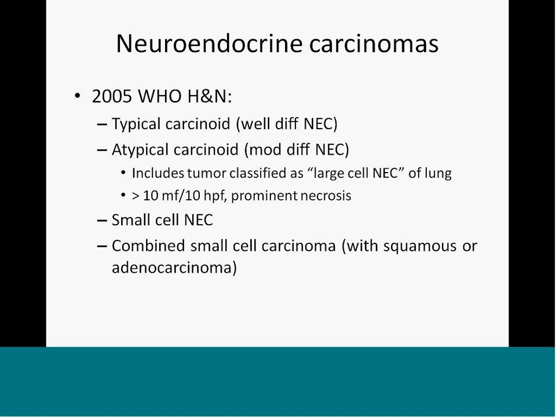And also, uncommonly, we see large cell type neuroendocrine carcinomas that really don't fit for an atypical carcinoid. They have prominent necrosis. They don't have any of the organoid pattern of growth that you might see with a carcinoid tumor. They have a very high mitotic rate, and so they really don't fit from a behavior category into the moderately differentiated neuroendocrine carcinoma. So it's helpful that they've added this large cell category.